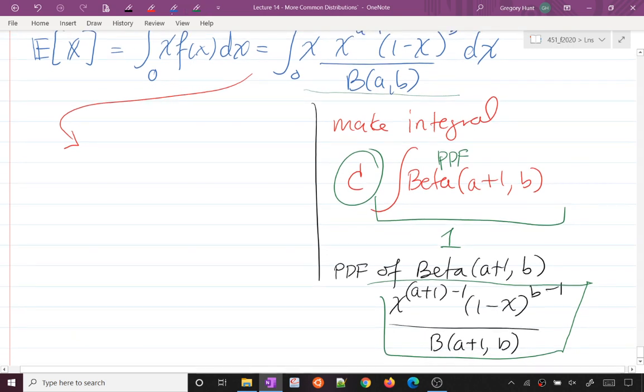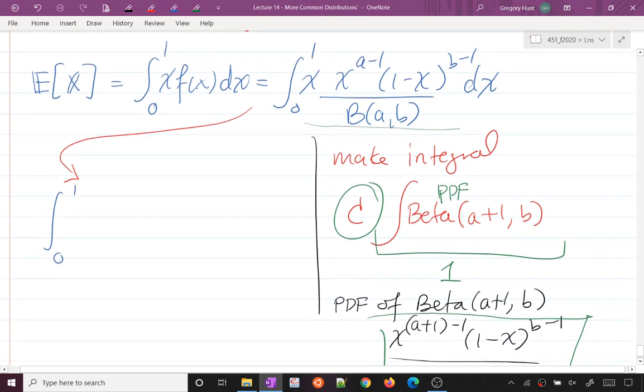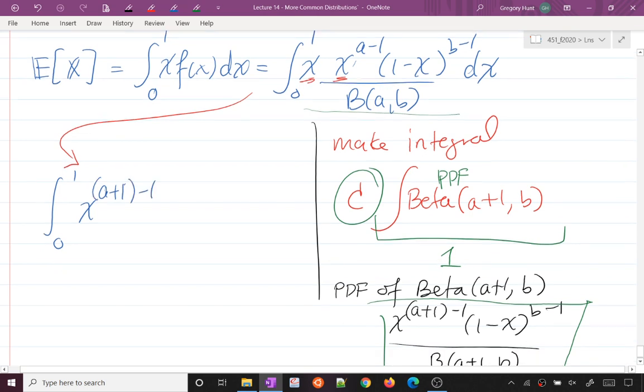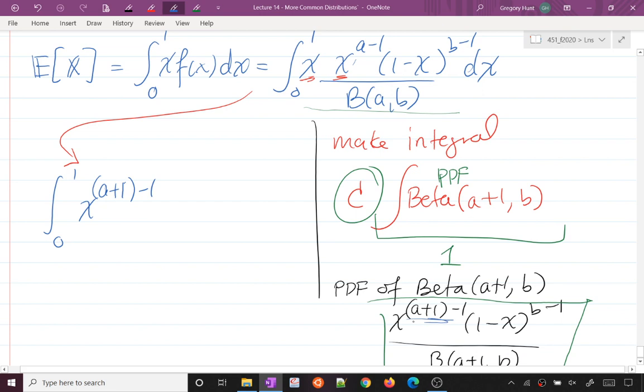Well, let's look at it. So I have an integral, 0 to 1. x to the a, I can combine these x's here, this x and this x, and write it in a dumb way, x to the a+1 minus 1. It's x to the a, right? But I want it in this form, x to the a+1 minus 1, so I recognize it as the PDF of a beta. I get a 1 minus x to the b minus 1.